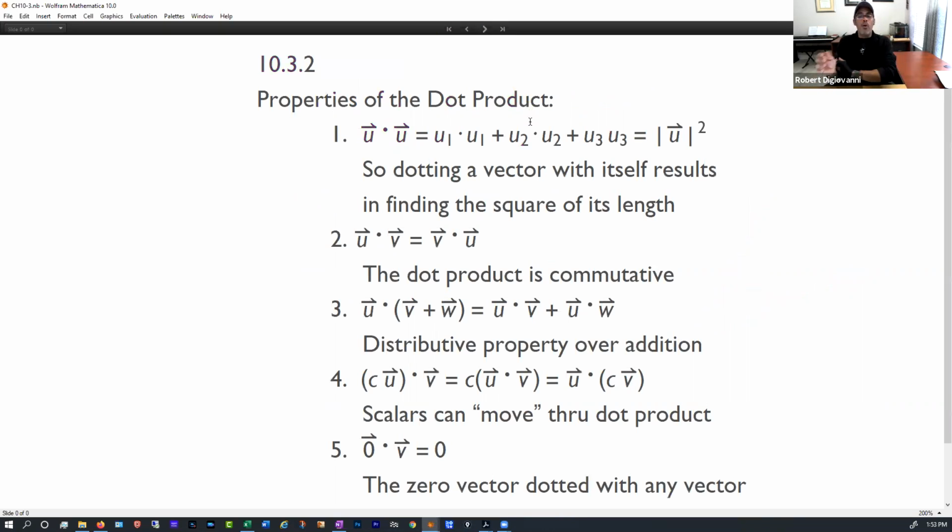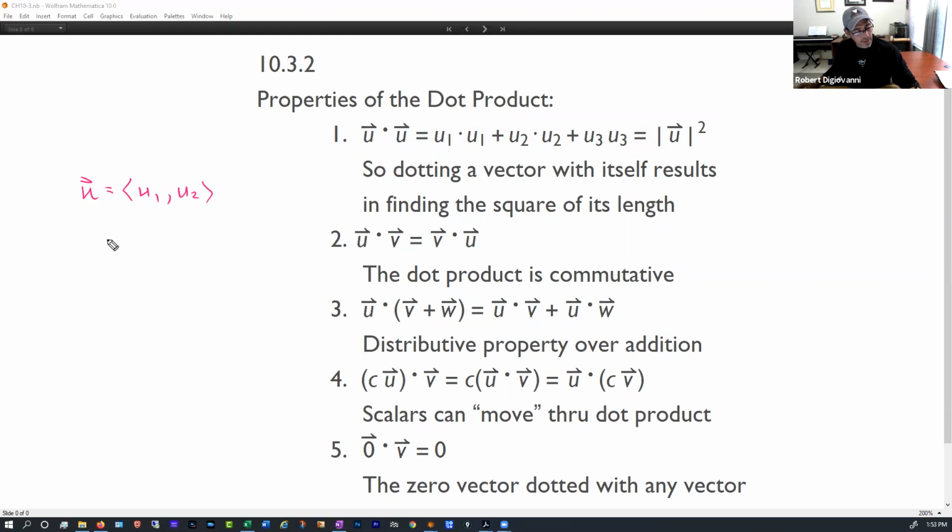All right, some properties of the dot product before we get into why it's useful. If I take a vector and dot it with itself, what would happen? So imagine you have a vector u, which is the vector u1, u2.